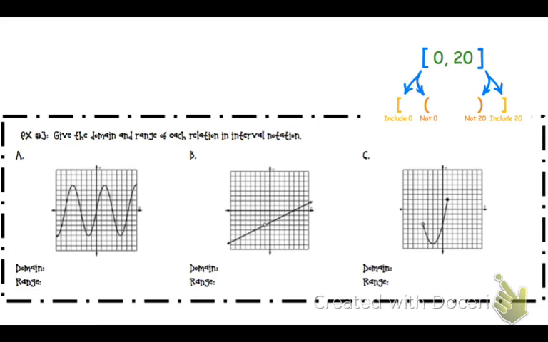So my domain on A is -infinity to +infinity. My range is -5 to +5, and those are both included, so they're both brackets. On this next one, my domain is -infinity to -1, and then that U just basically means or, -1 to infinity.